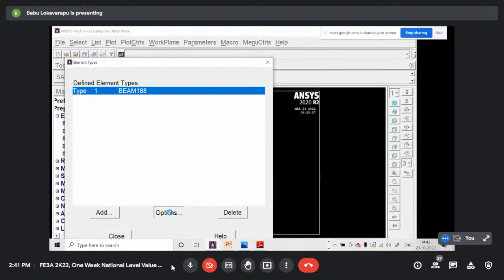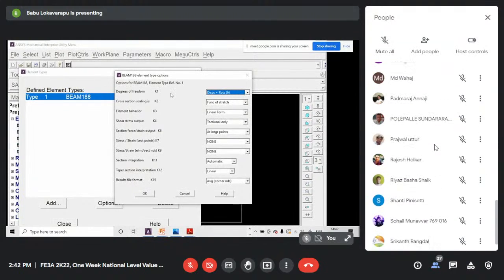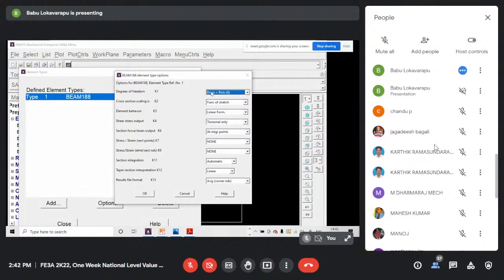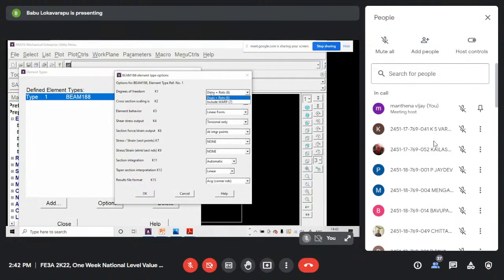Okay. If you go through the options, these are very important things. Try to use all these options. If you look at the first one, degree of freedom, by default it's showing 6.